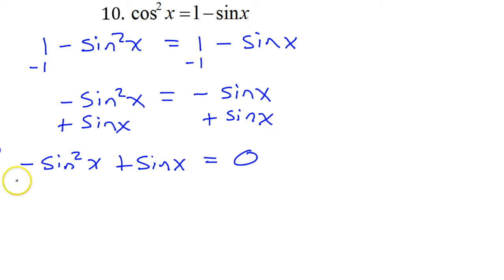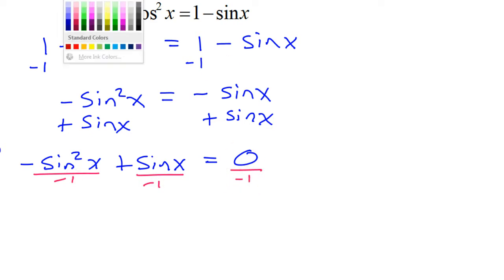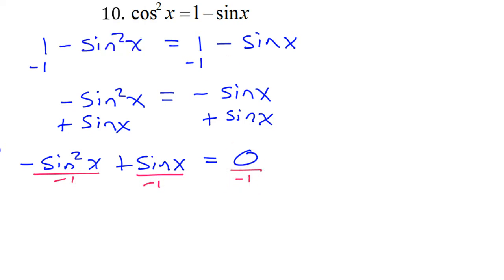Now, as I prepare to factor this, I don't like the fact that it's negative in the front, and that's easy for me to fix. So I choose to divide everything by negative 1. Now, did I have to do that? No, but this is the way I like to do it. So this is now going to become positive sine squared x minus sine x is equal to 0.